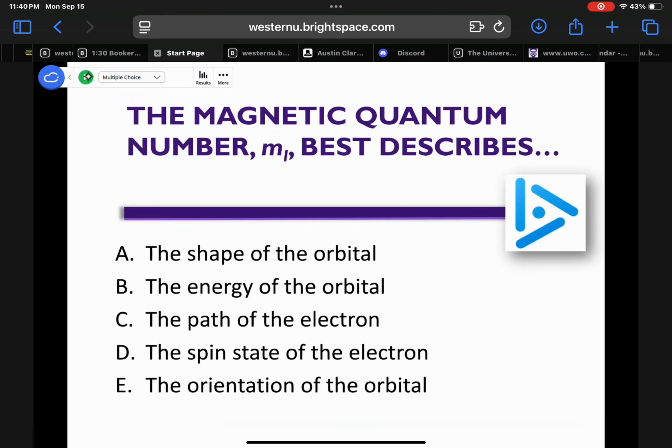Okay, quick recap. Chat with the person beside you. The magnetic quantum number best describes what?